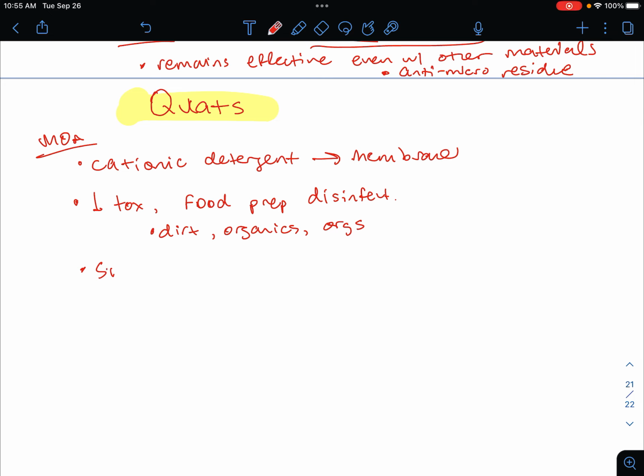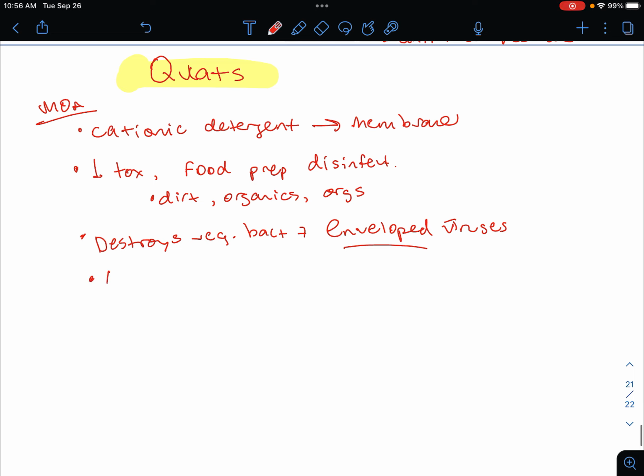It kills, I should say, not stops. It doesn't inhibit, it just destroys vegetative bacteria and enveloped viruses. Not all viruses, just those that have an envelope.